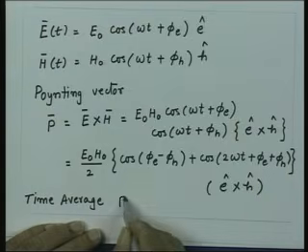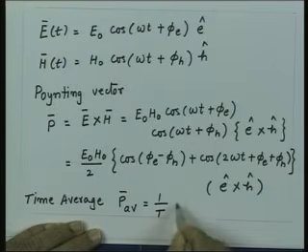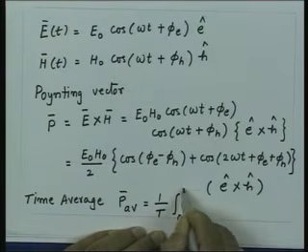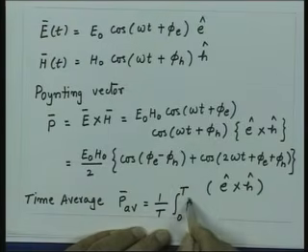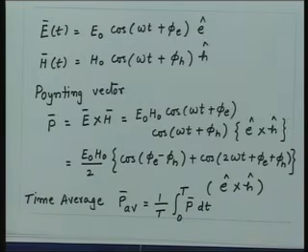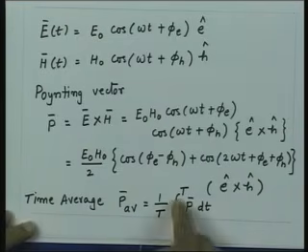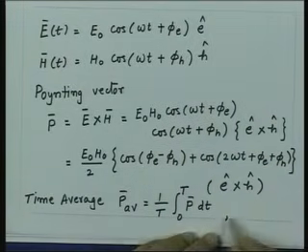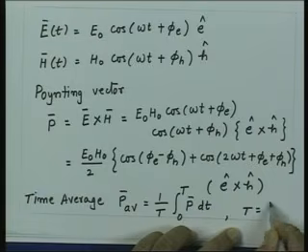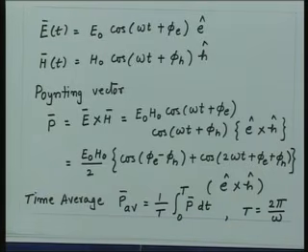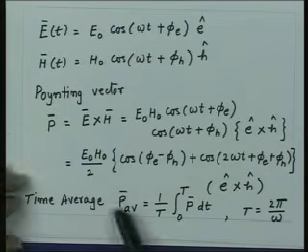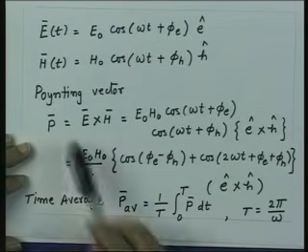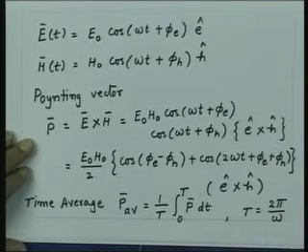So if I take the time average of this quantity, which is P average, which is 1 upon T integral 0 to T of P dt, where T is the time period associated with this angular frequency omega, so T is equal to 2 pi divided by omega, then I get the average Poynting vector, and in that this quantity will essentially go to 0.